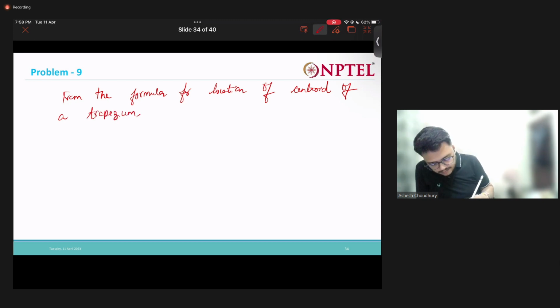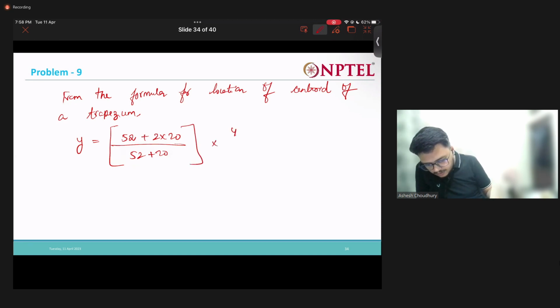We can have y equal to 2 plus 2 into 20 by 52 plus 20, so 0.758 meter from the base.